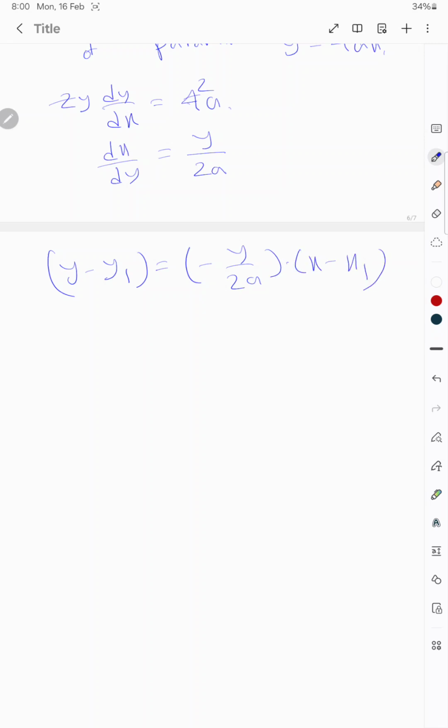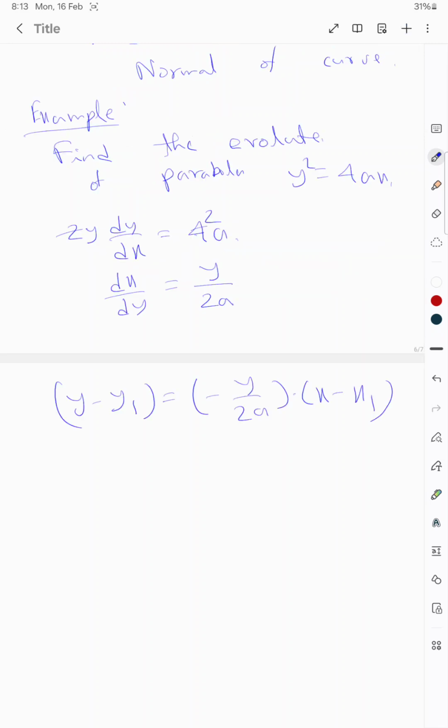I think here there is some parameterization also. If you consider the parameterization like at square comma 2at, then this will be a little bit easier, otherwise you have to do some simplification.